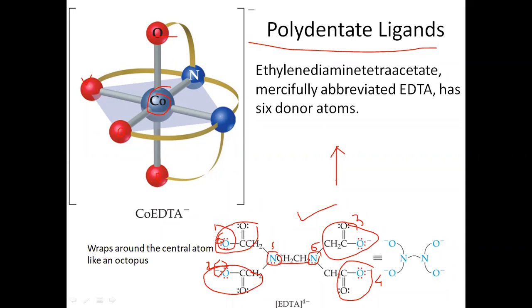So that negative charge is donated to this cobalt, the central metal ion, and the blue ball indicates nitrogen, that is the amine group. Here this is also nitrogen, and these 2 nitrogens are at the 5th and 6th positions. So this nitrogen gives electron to this cobalt, the central metal ion, and forms the bond. Okay, so finally we can see that only one ligand molecule can form 6 bonds with the central metal ion.